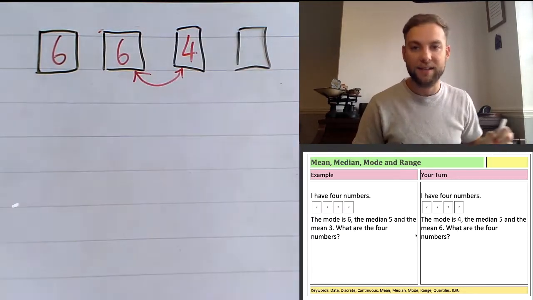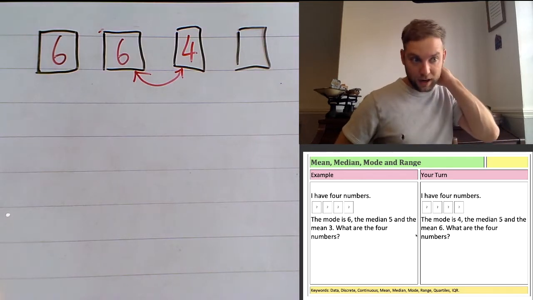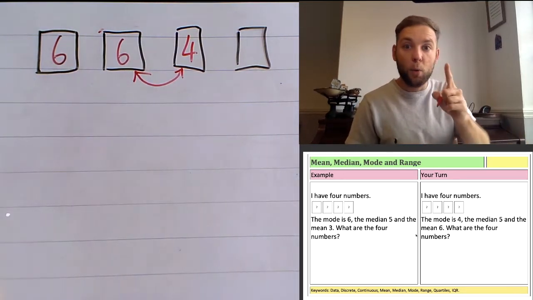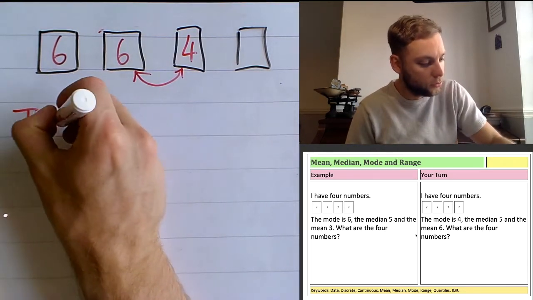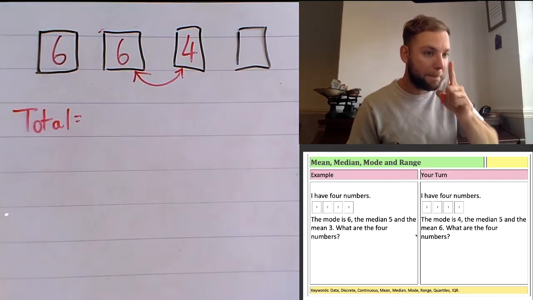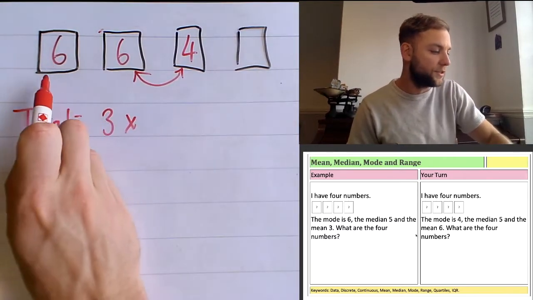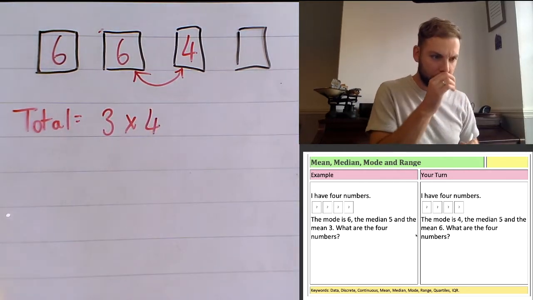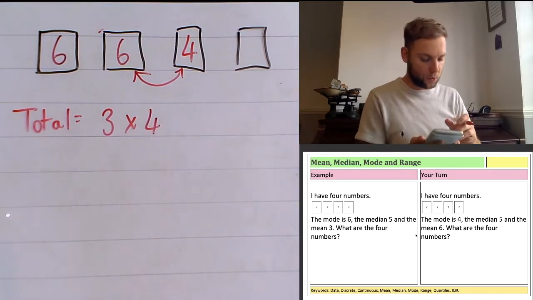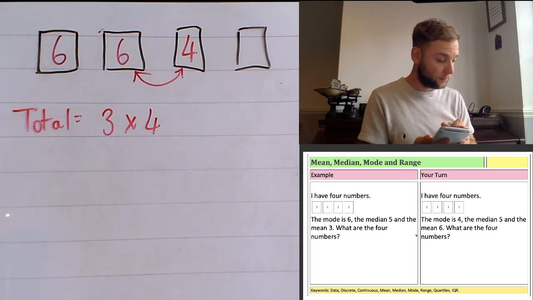Now I need to work out this last number, okay? Now my last number is when I use the mean. Now remember, if I know what the mean is, you always work out the total. So my total would be equal to my mean, which in this case is 3, times by my amount of numbers, which is 1, 2, 3, 4. So 3 times by 4 is equal to 12.